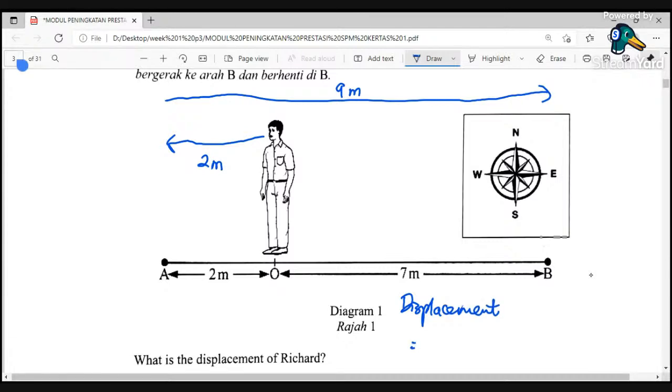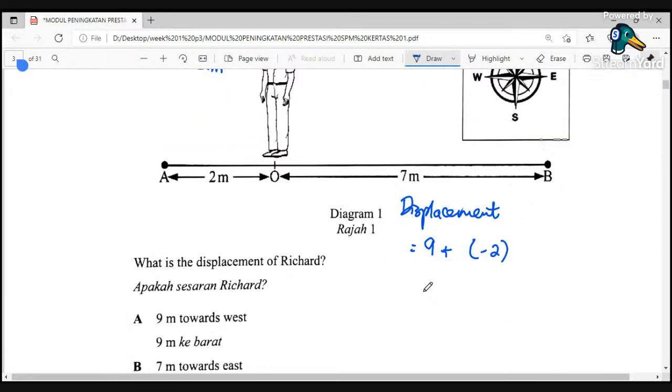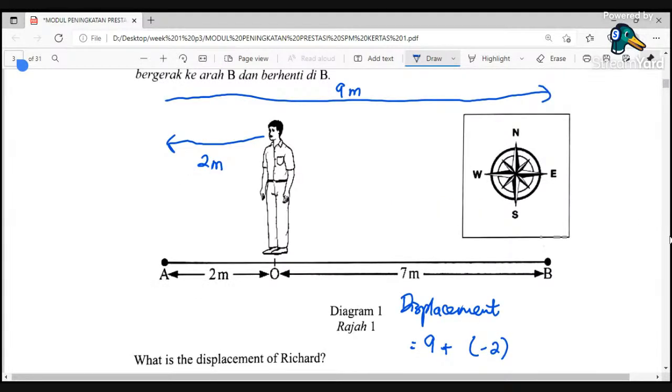So it's 9 plus negative 2, because this one is in the reverse direction, to the left. Direction to the right is positive, meaning east is positive and west is negative. There is a guideline for you all to determine direction using a compass. So 9 minus 2 becomes 7.